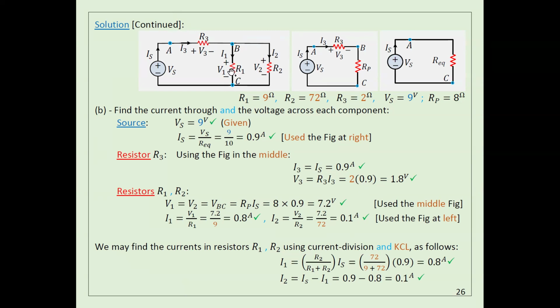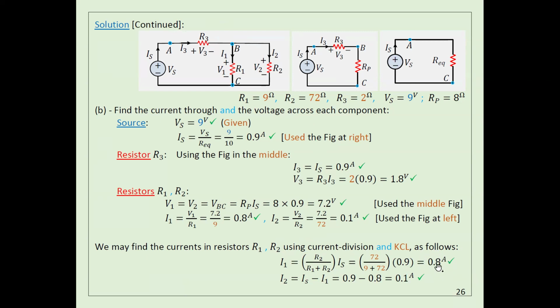So I can say the current here is actually the other resistor divided by the summation times the total current. We call it the current divider formula. So you can use current division, okay? So here I can say I1 is equal to R2 divided by R1 plus R2 times IS, okay?